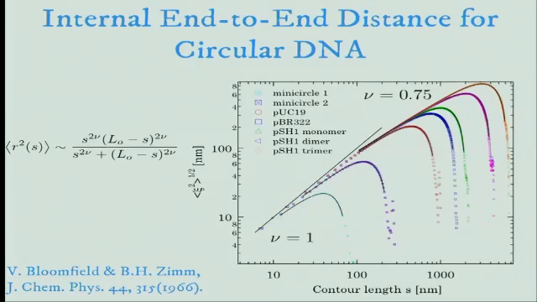Then we can fit them with a very old equation, which doesn't mean that it's not good, and then we can get out the critical exponent. You see that for short DNAs, the critical exponent is 1 because they are rigid, and as they get longer and longer, the exponent becomes 0.75, like for a self-avoiding flexible polymer in 2 dimensions.